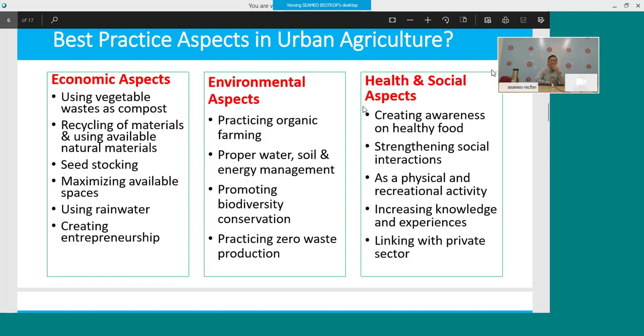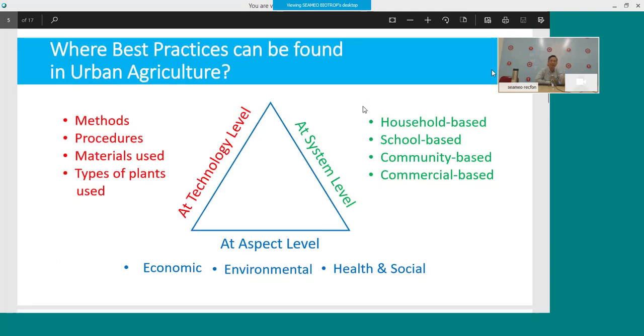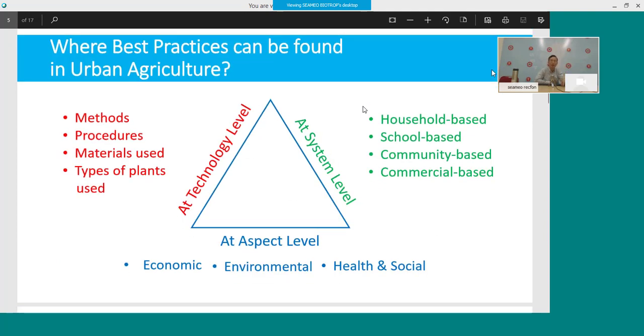When we talk about system level, there are 4 levels in the system, whether you practice urban agriculture at household level, or school-based, or community-based, or commercial-based. Because all of you are in the school, we focus on the system that we use in the school.